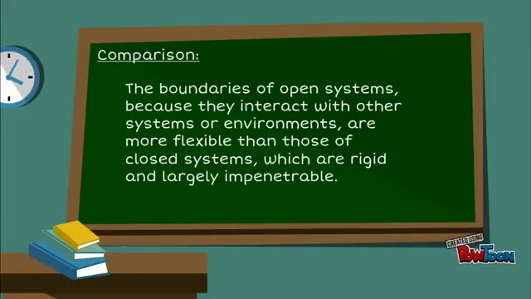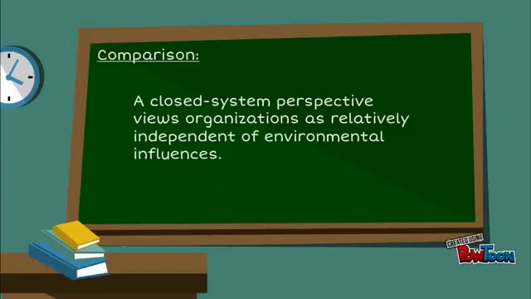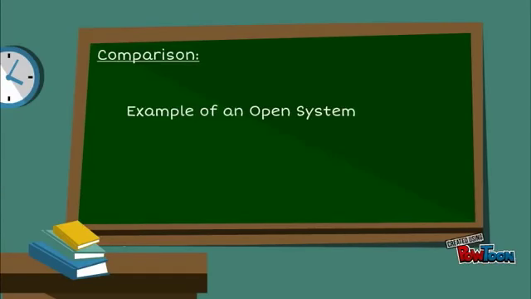The boundaries of an open system are where they interact with other systems or environments and are more flexible than those of closed systems, which are rigid and largely impenetrable. A closed system perspective views organizations as relatively independent of environmental influences. For example, living organisms are considered open systems because they take in substances from the outside environment.